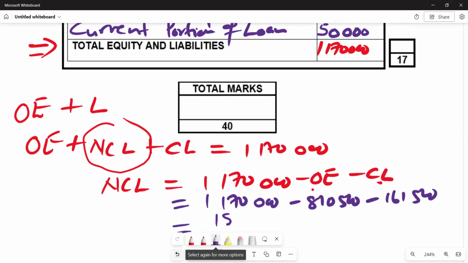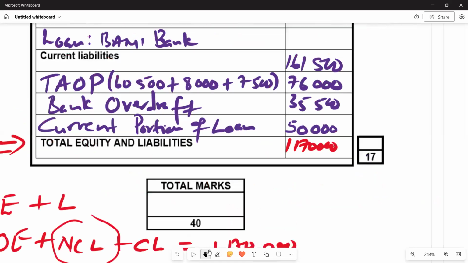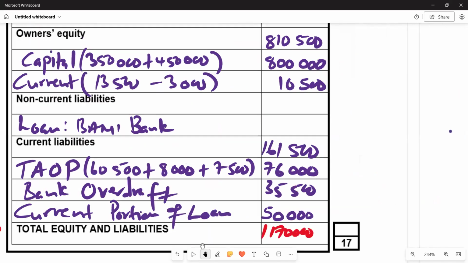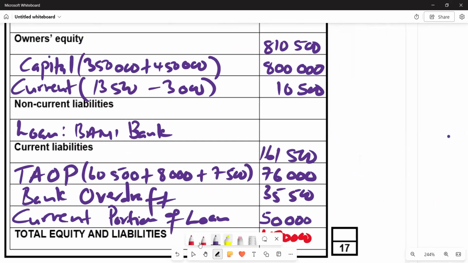So this is the figure for our non-current liabilities, and this is the figure that is going to come here.